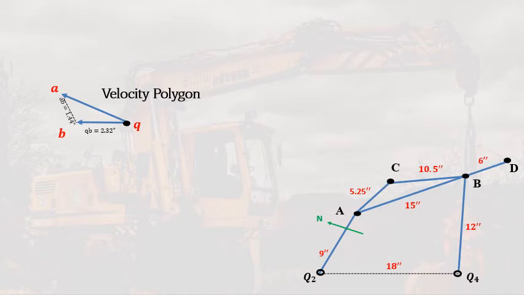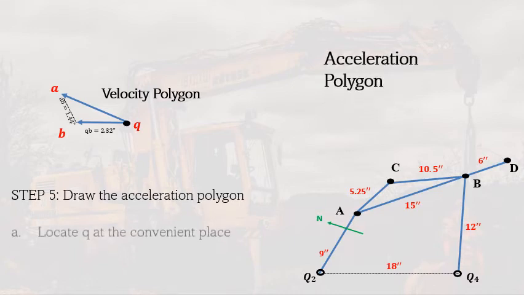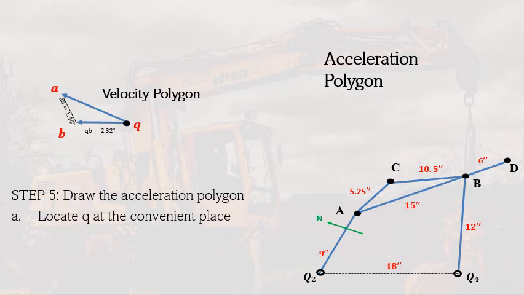So now that we have those values, the next step would be to draw the acceleration polygon. So how to draw the acceleration polygon? First we locate Q at a convenient place, say here. And then we draw the value that we already computed a while ago, which is the acceleration of A normal.